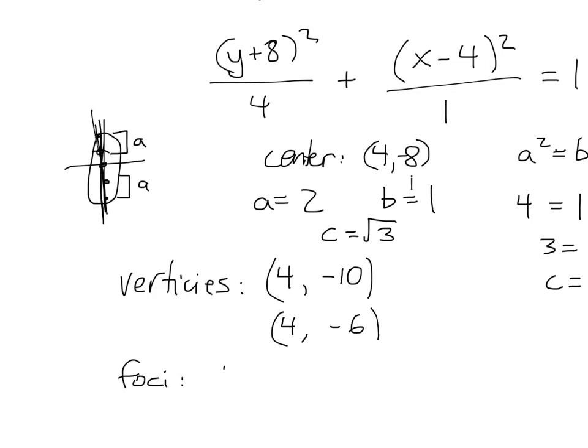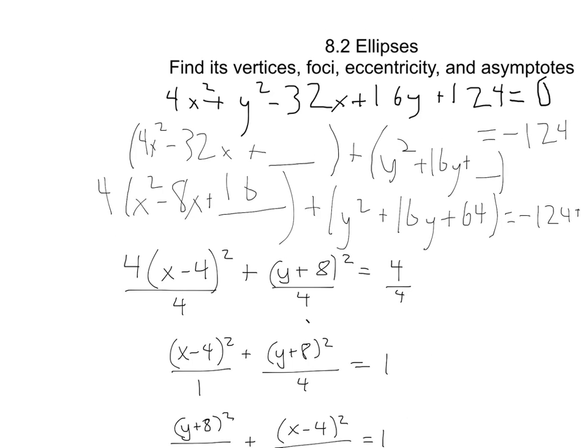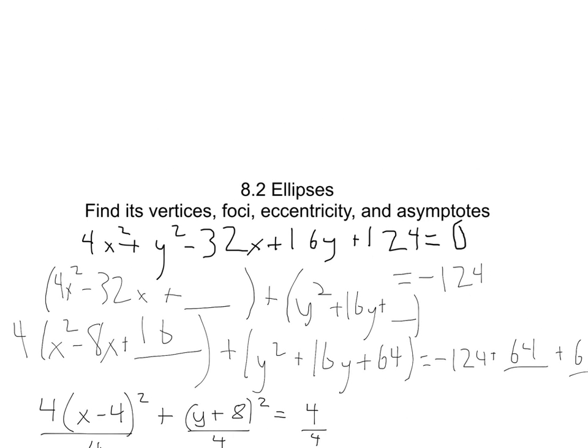The x value is going to stay the same because it's still on that same axis. So it's 4, negative 8 plus or minus the square root of 3. That's the foci. So if we go back up to the top here, we have successfully found the vertices and the foci.